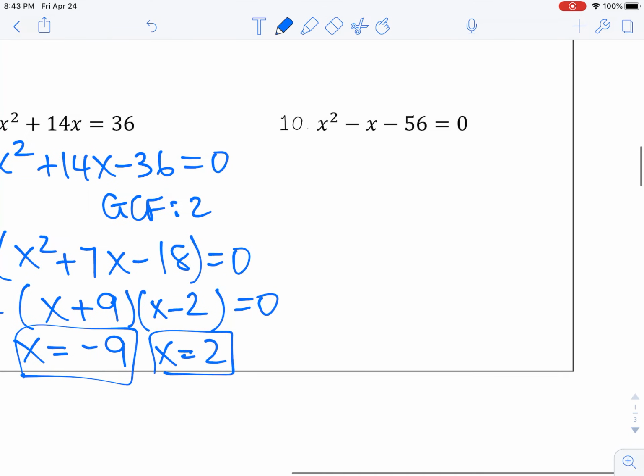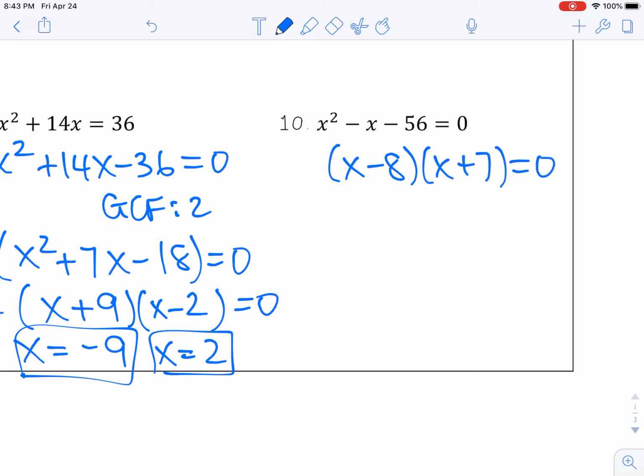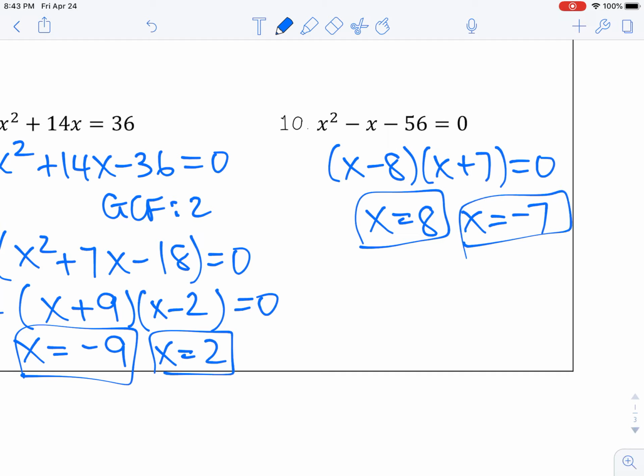And the last one, factor, set each factor to 0. And this is the first part of solving quadratics.